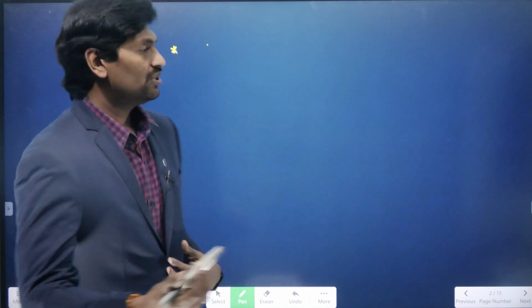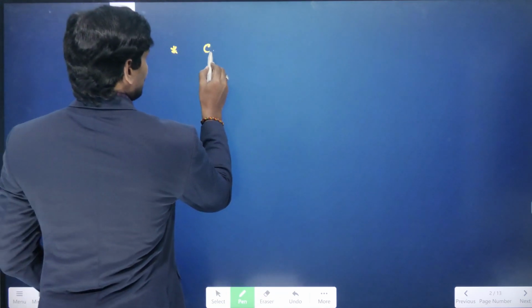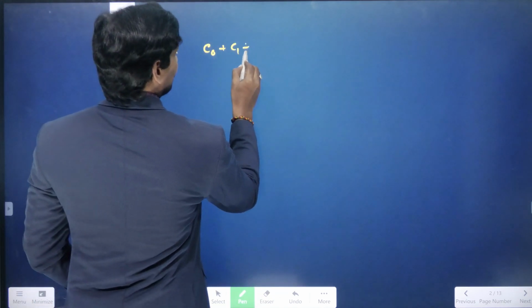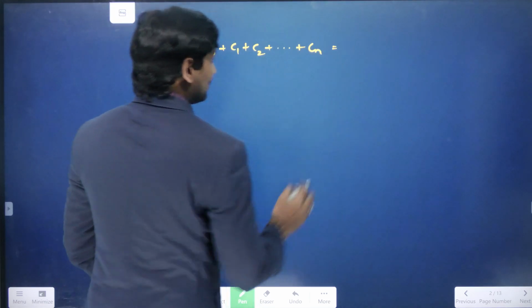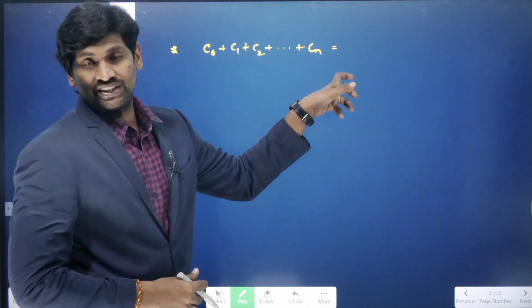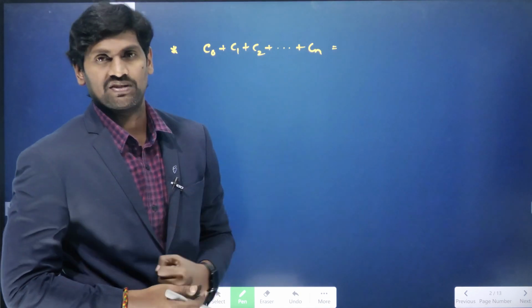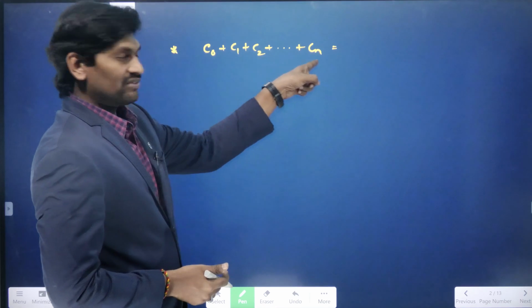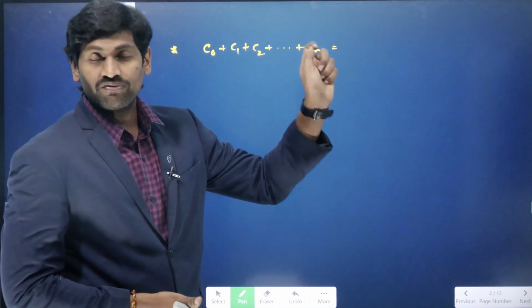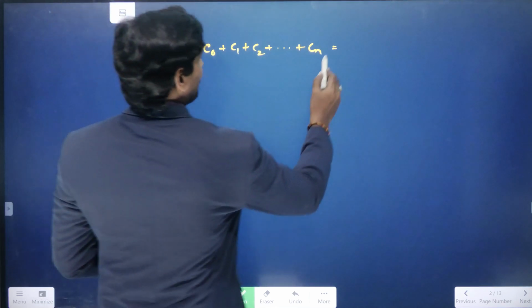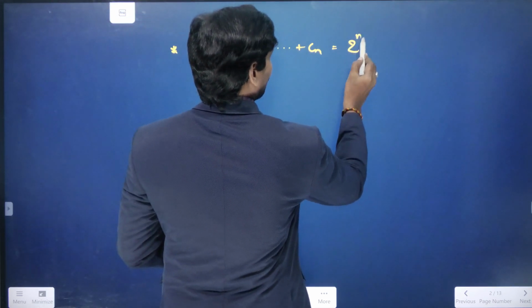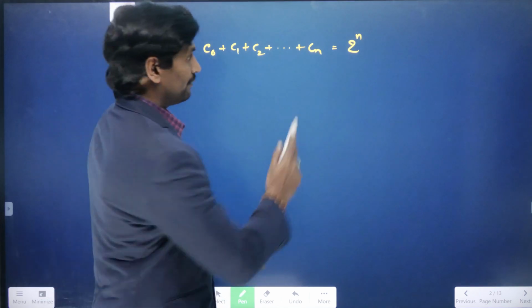So the next property is C0 plus C1 plus C2 plus and so on plus Cn. These are all coefficients in the binomial expansion, and I am adding them. That means the sum of all coefficients of the binomial expansion is 2 power n, very, very important.